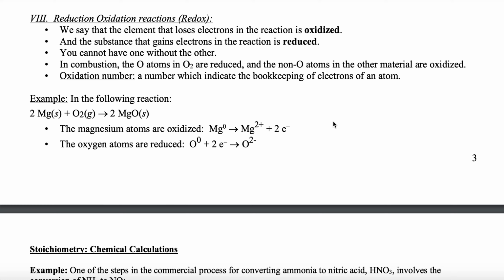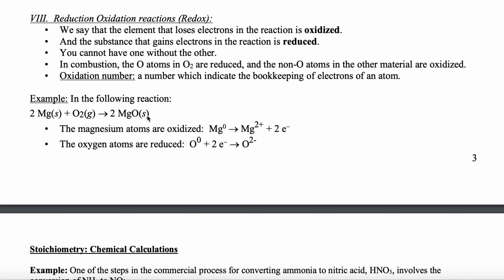Reduction-oxidation reactions are when oxidation numbers change. You can think about oxidation numbers like a charge, and the thing about oxidation number is to assume all atoms each has a charge. This one is obvious. Magnesium by itself is neutral, which is 0. Oxygen by itself is also 0.